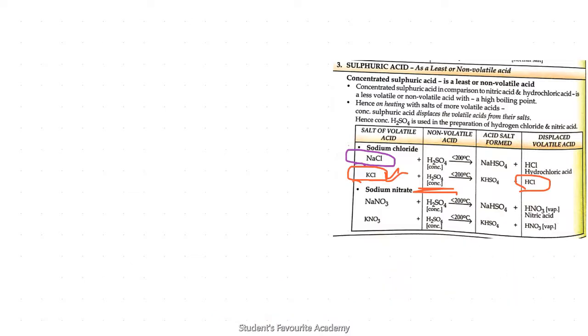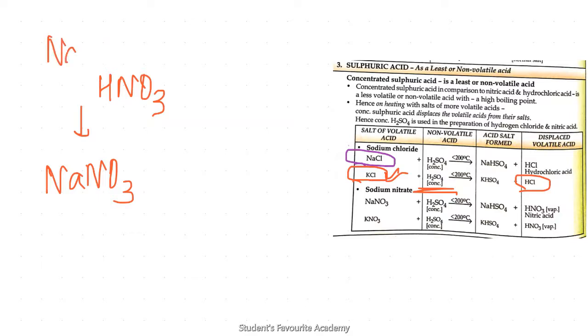See, NaNO3, you all know that this is a salt that has been formed when HNO3 has reacted. Suppose an HNO3 acid reacted with a base, that is NaOH. What was formed was NaNO3 plus H2O. So what do you see here?